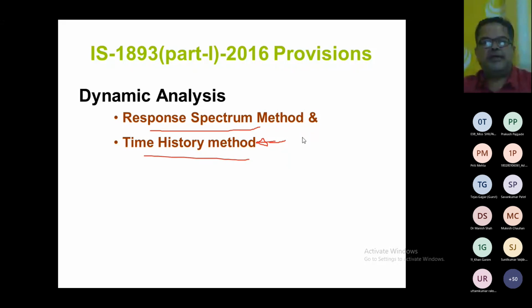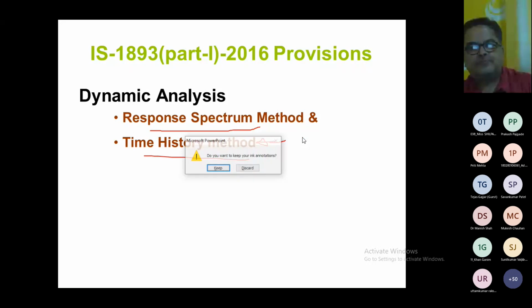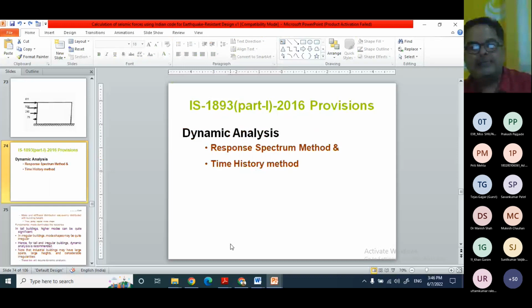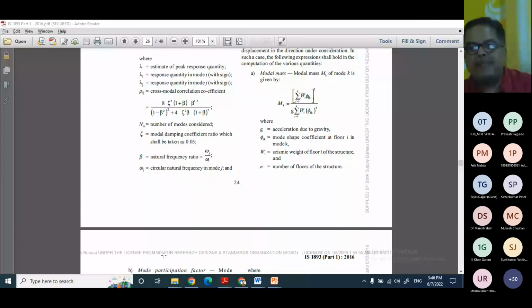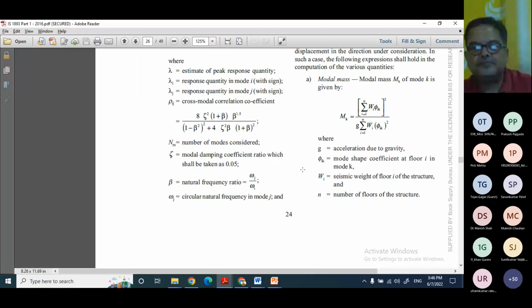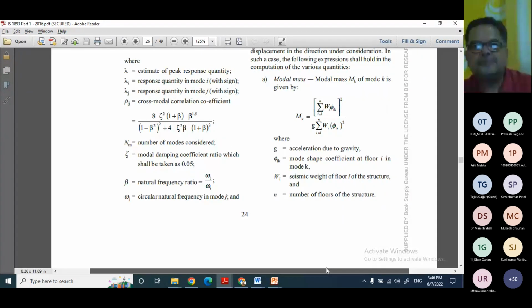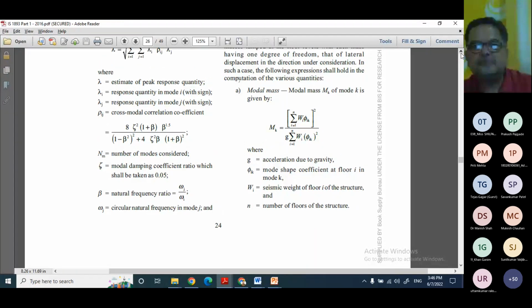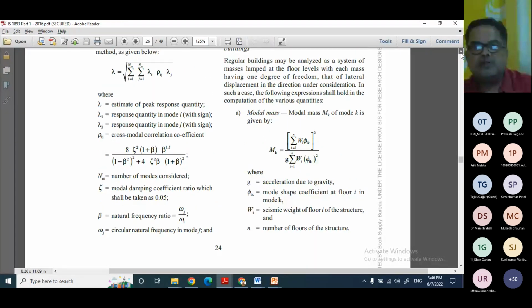As far as the code is concerned, the code has described the complete method, right? So here you can see the code has given the method of the response spectra, right?